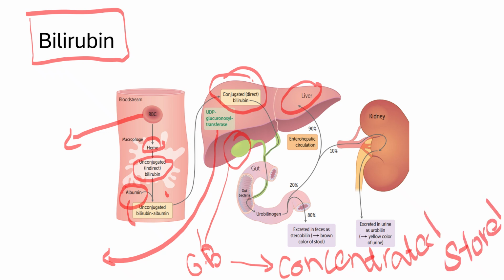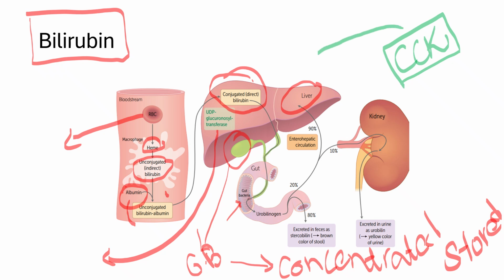When the food comes into the duodenum, the intestine, what happens? The hormone CCK is released, and this CCK causes contraction of the gallbladder, and this contraction releases the concentrated, stored bile into the duodenum, right?